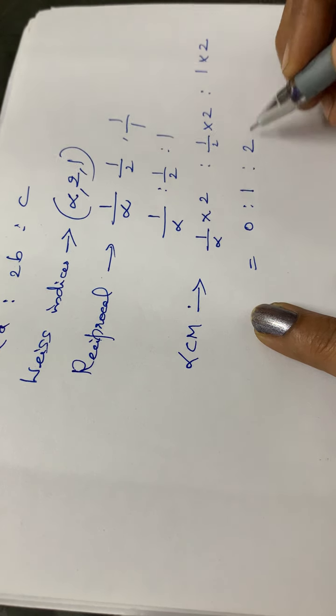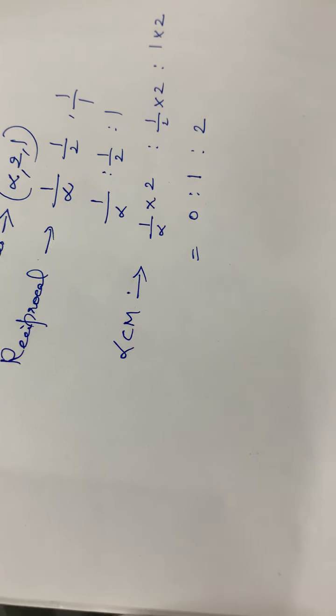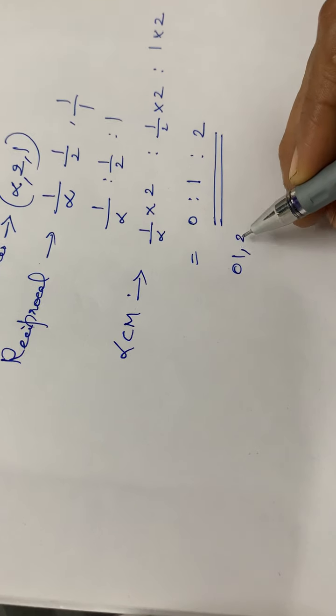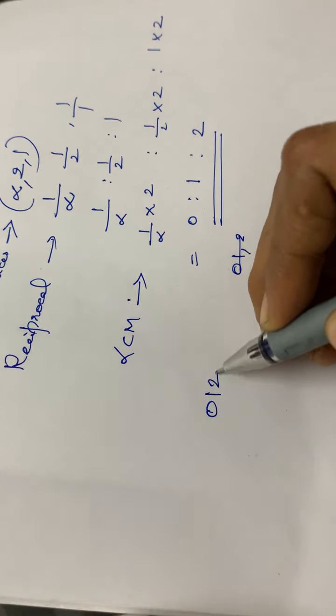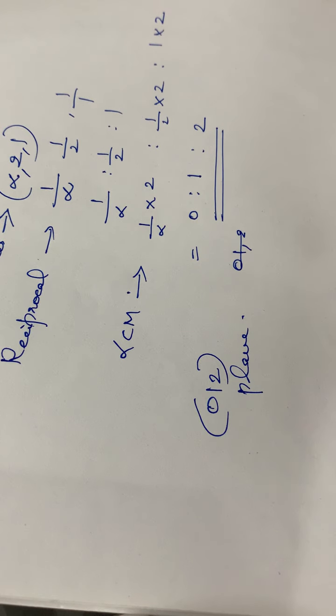So we got the Miller indices as 0, 1, 2. So this is a 0, 1, 2 plane, or the Miller indices of that particular plane will be 0, 1, 2.